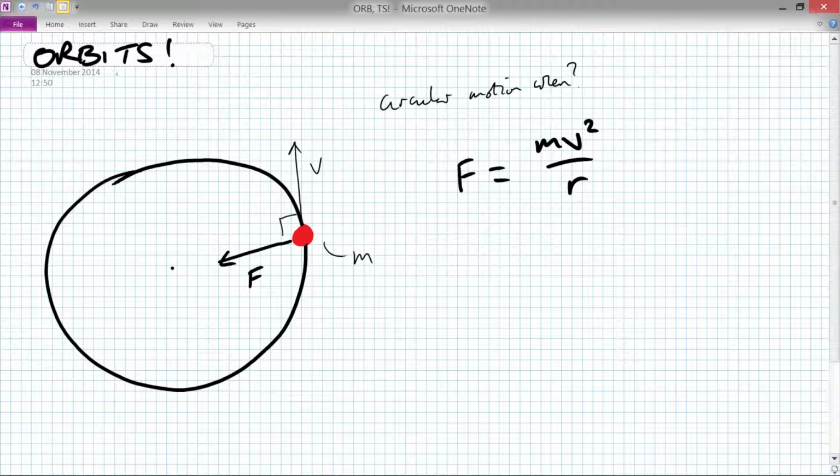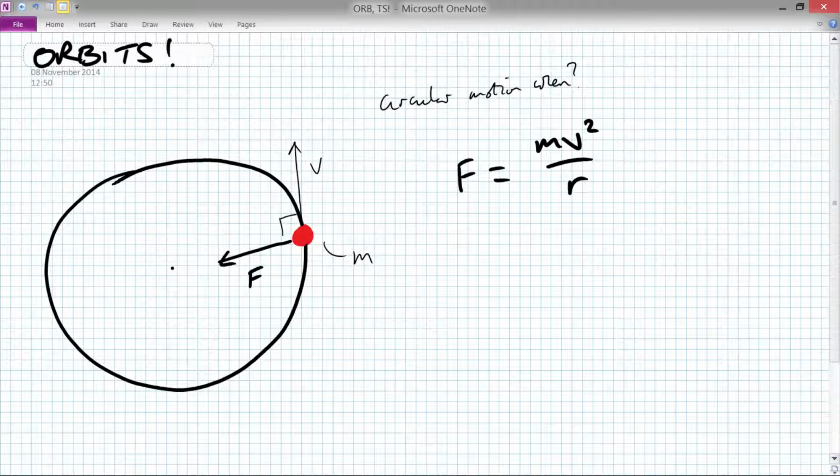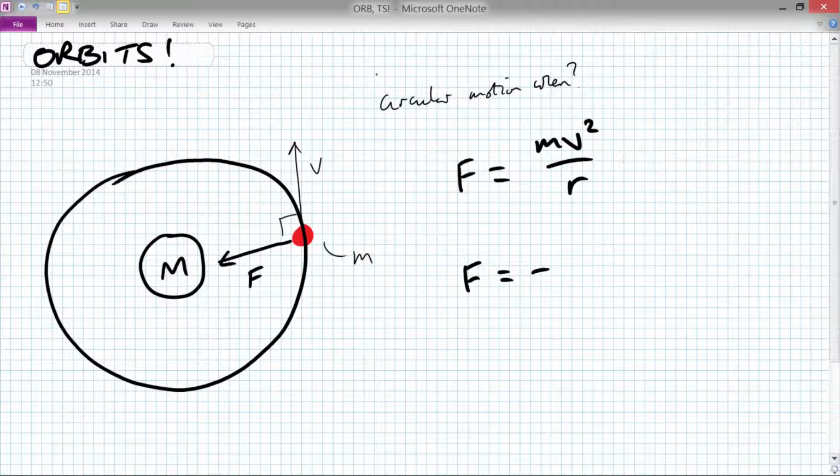So the interesting thing now is, talking about the case with the bucket, what if we now replace tension with some other kind of force? It can be any kind of force whatsoever. So let's say in the middle of this circle we have a massive body, M. Now we know, because our mass here, little m, is within that gravitational field, it is going to experience some force as well. And the force it experiences is due to Newton's universal law of gravitation.